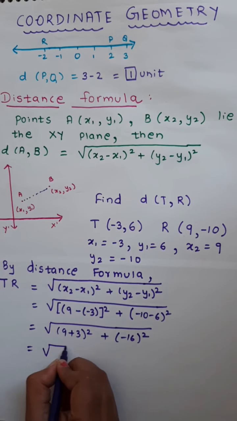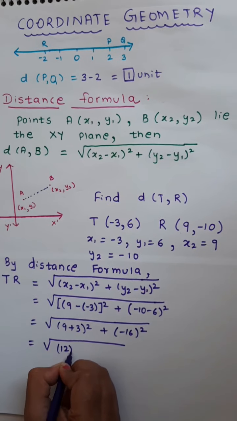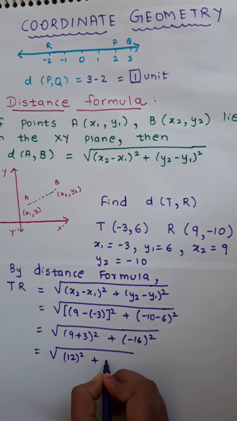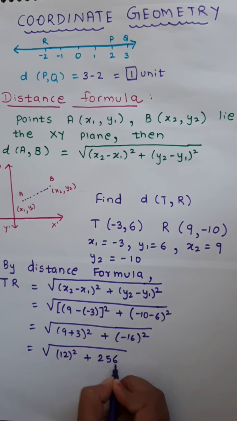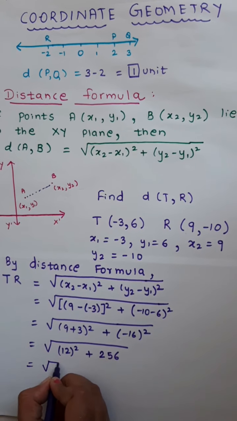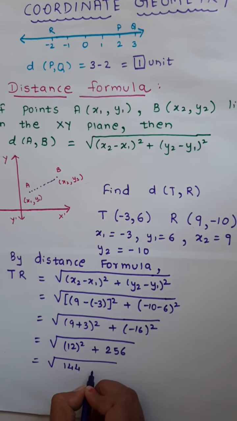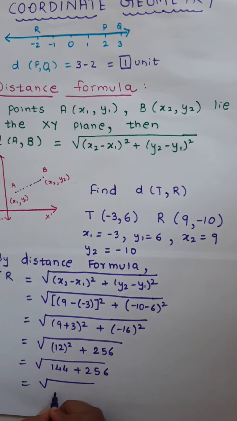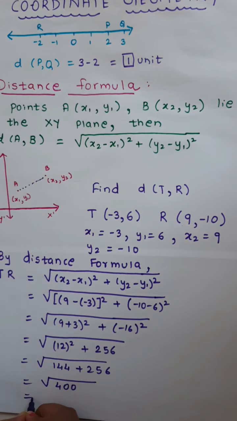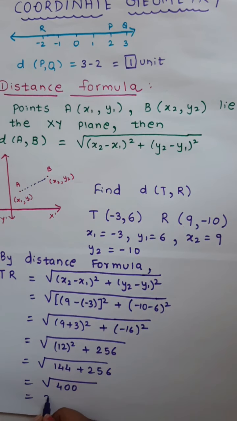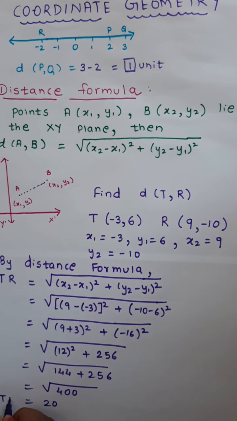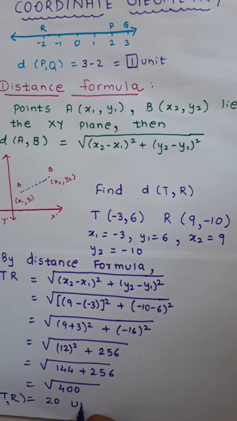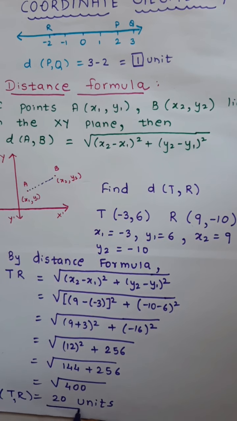That is equal to 12 whole square plus 16 whole square. Squares are always positive. Next it is going to be 144 plus 256, that is equal to 400, and we know the square root of 400 is 20. So the distance between the points TR is equal to 20 units.